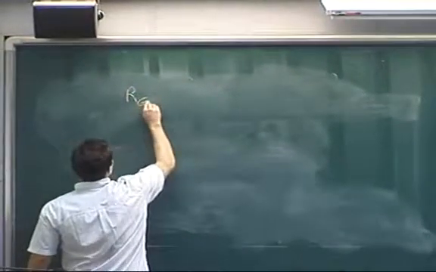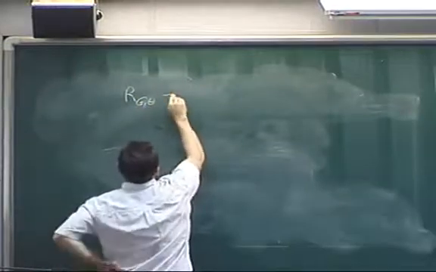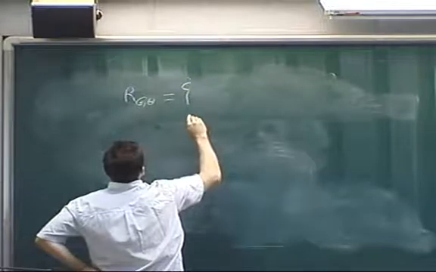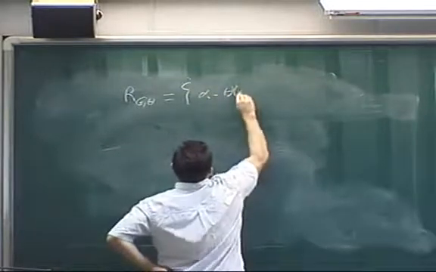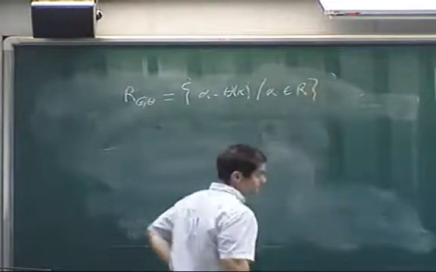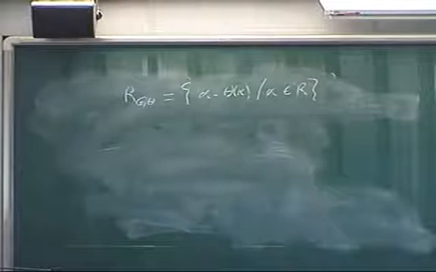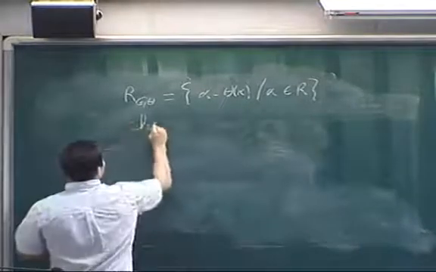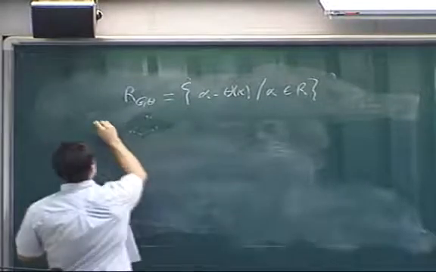So we have an action of theta on R. So we can define R G theta as the set of alpha minus theta alpha for alpha in R. So it's also a fact.